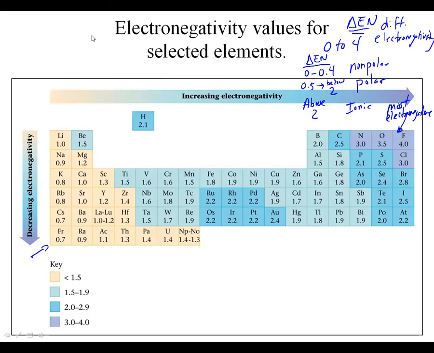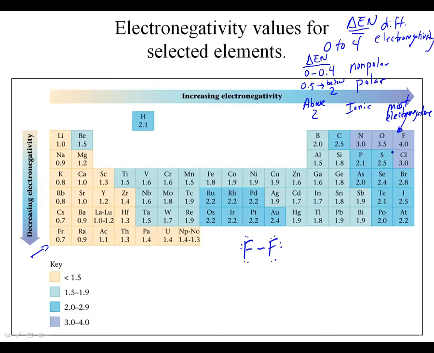Now, this electronegativity table would be provided for you if you needed it. You just need to know how to use it correctly. For example, let's take a look at a bond we saw earlier, F2.